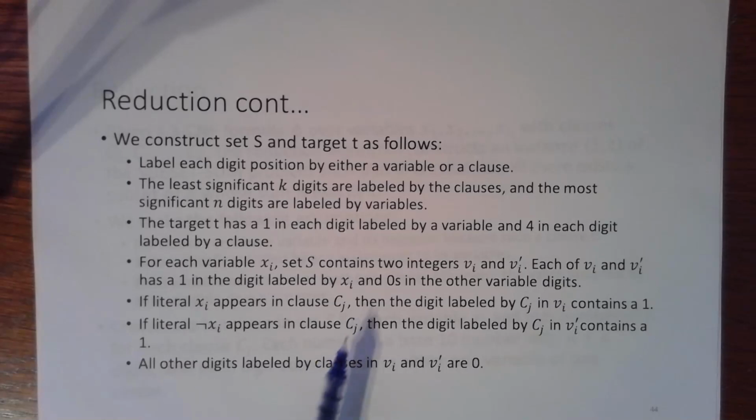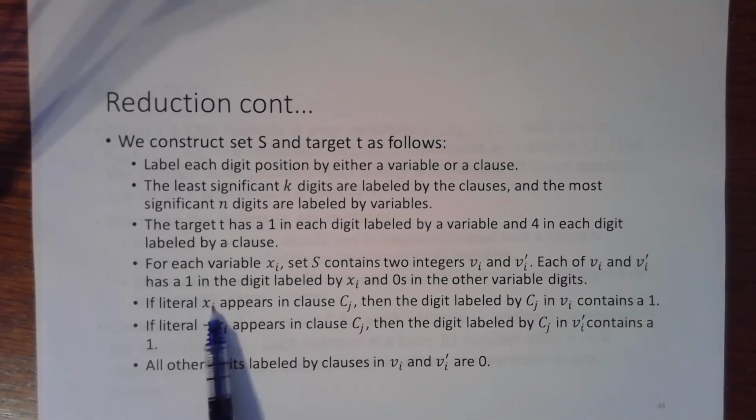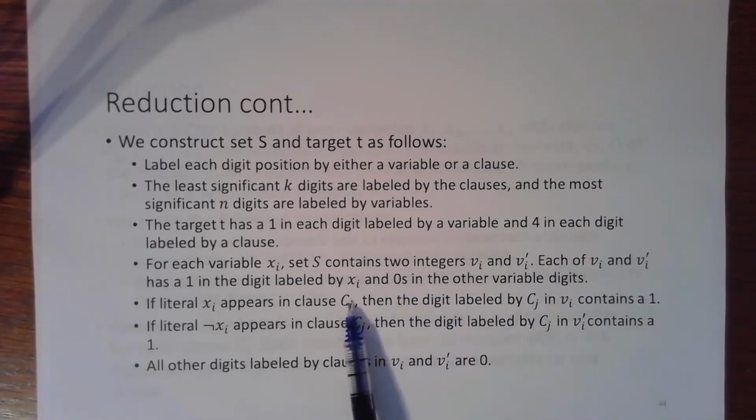And then we have something similar for clauses. Now if a literal appears in a clause in its unnegated, original form, there's going to be a 1 in that place.